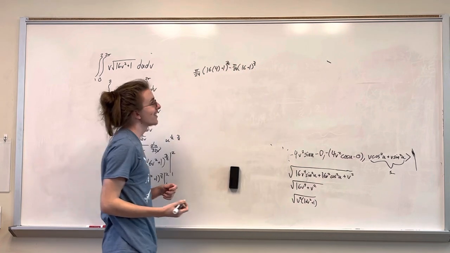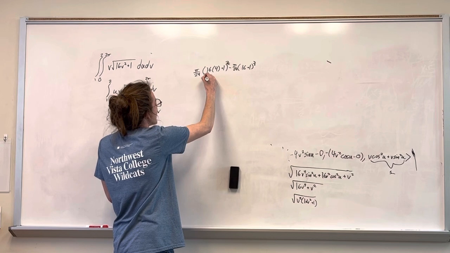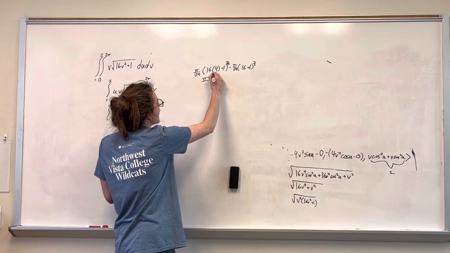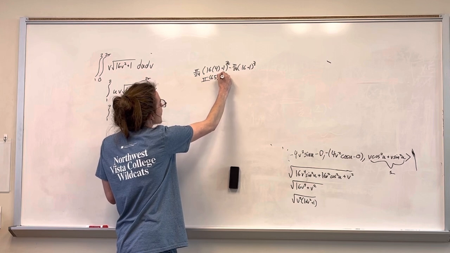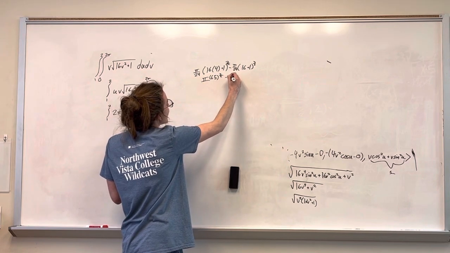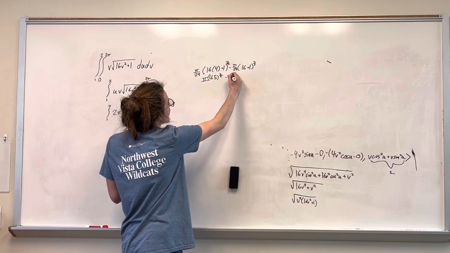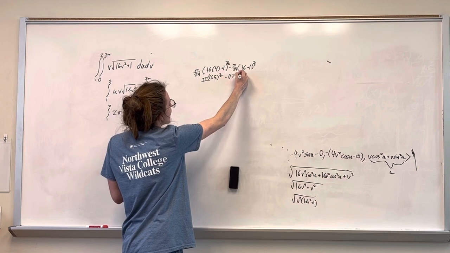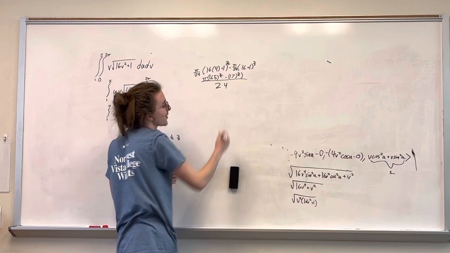It can easily change an answer. So that's pi over 65 to the 3 over 2 minus, we can just take out the pi's from both of them, minus 17 to the 3 over 2, all divided by 24.